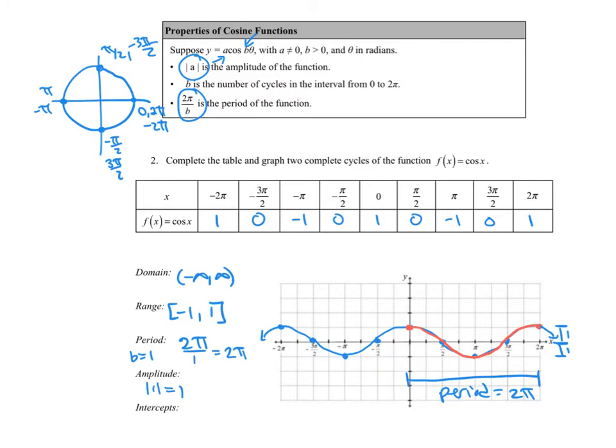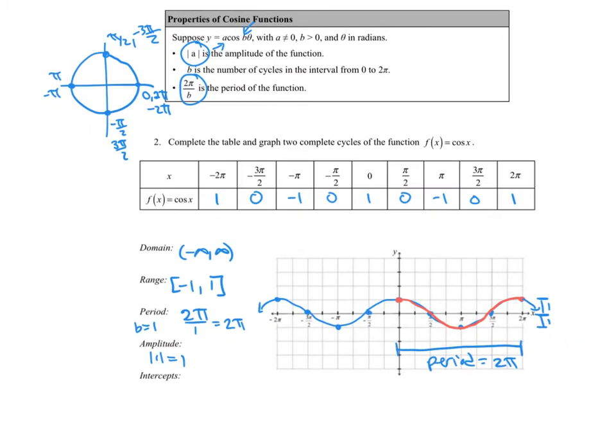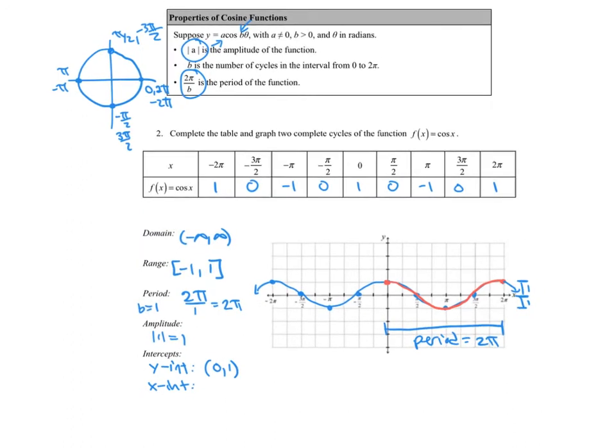And the intercepts for this graph: the y-intercept is going to be the point 0, 1. The x-intercepts, well, this graph touches the x-axis at negative 3 pi over 2, negative pi over 2, pi over 2, 3 pi over 2, and that pattern would continue.